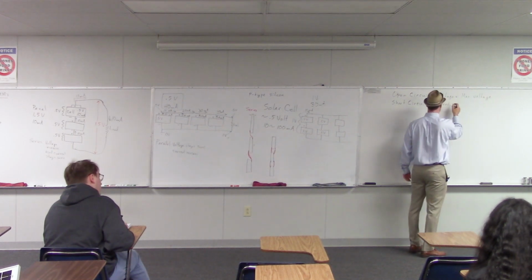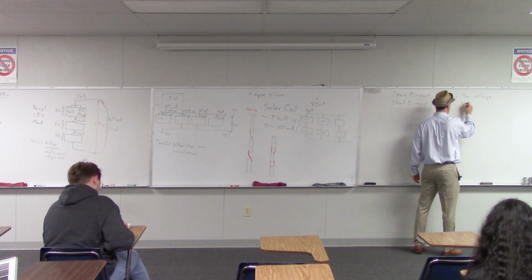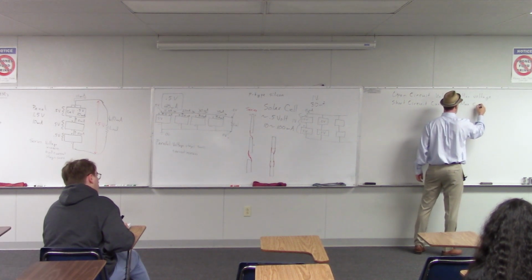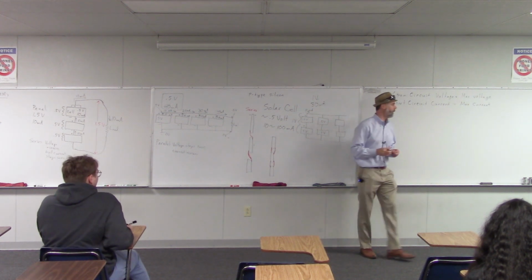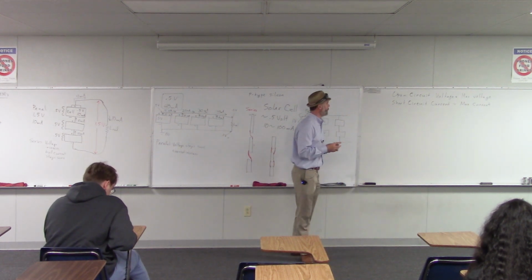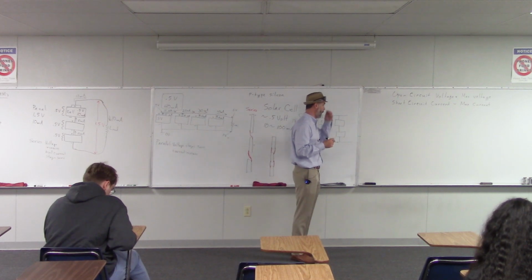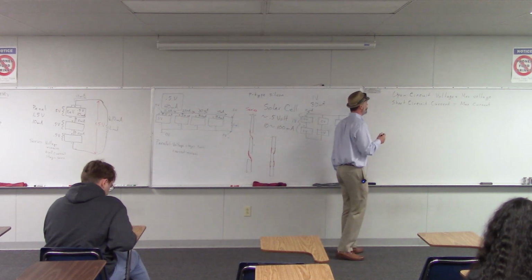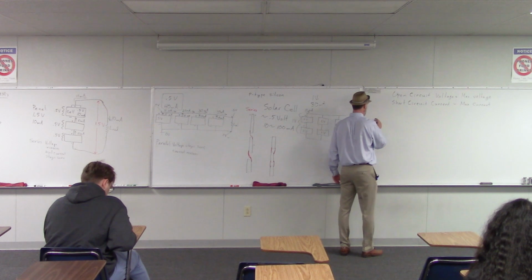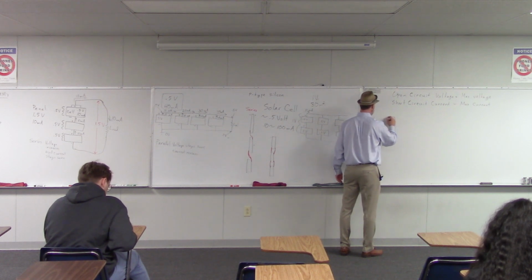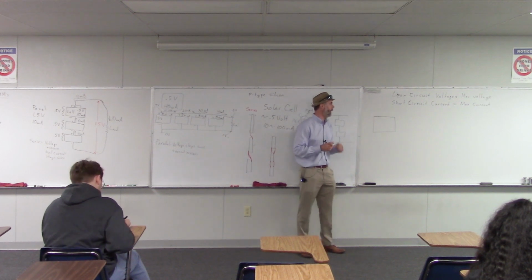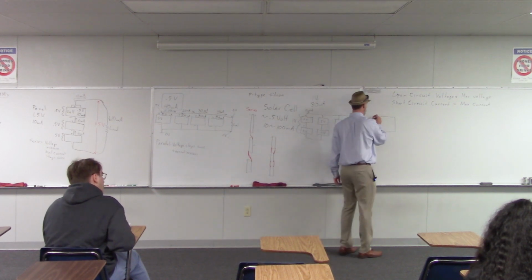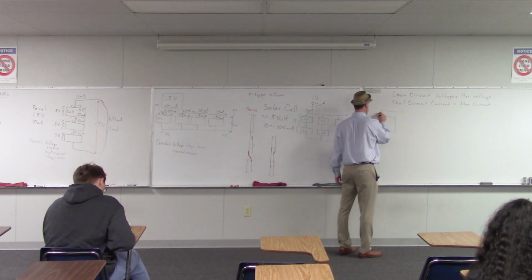And then the short circuit current is the maximum current that the panel can create. Okay? So let's talk about what those mean and why they're important. So say you've got a panel here, and you wanted this panel to create the maximum voltage that it possibly could. So you've got a positive terminal here and a negative terminal there.